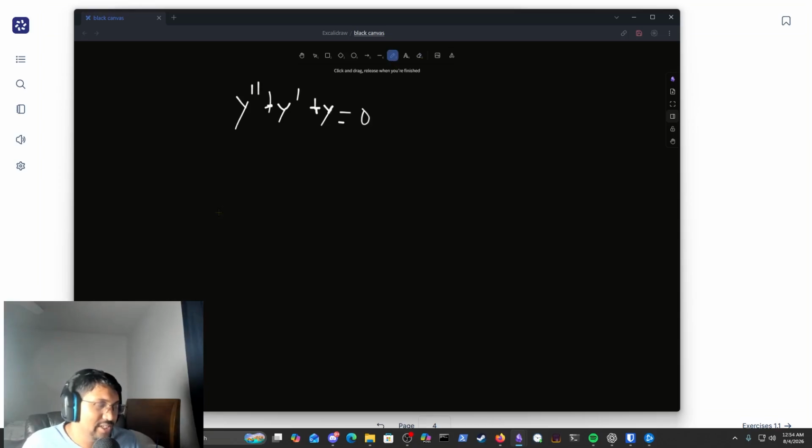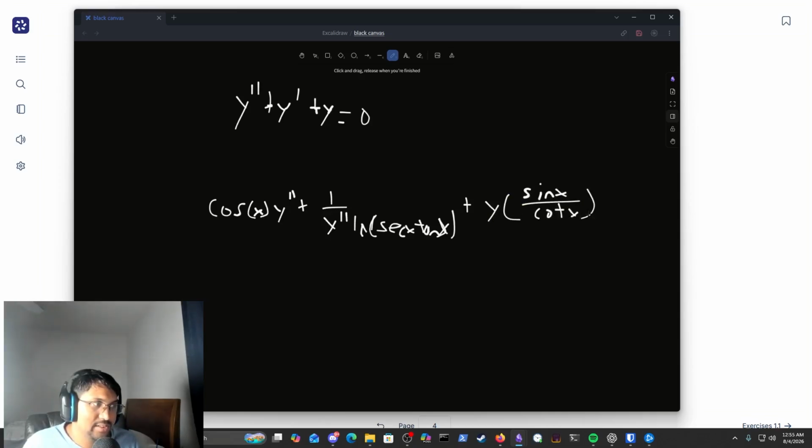Even if you have some crazy thing here, like this plus 1 over ln of, or 1 over y prime times ln of secant x tan x, plus y times sine x over cotan x equals e to the negative x squared over 37 x to the 8, right?